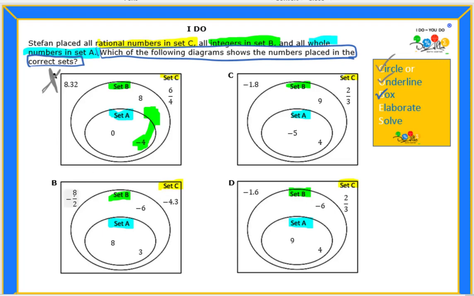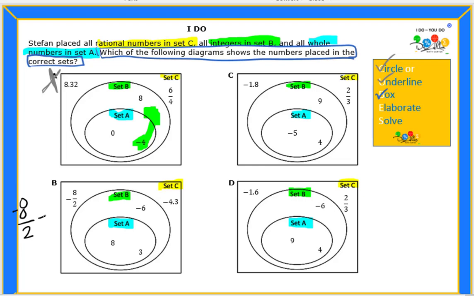-8/2. Now this one can be tricky. We need to be really careful with these because yes, it is a fraction, so it is a rational number, but we have to be careful that it is in the correct subset. So what we have to do with -8/2 is simplify it.